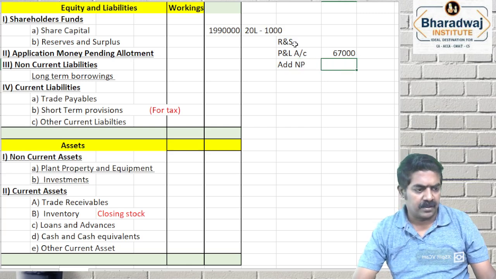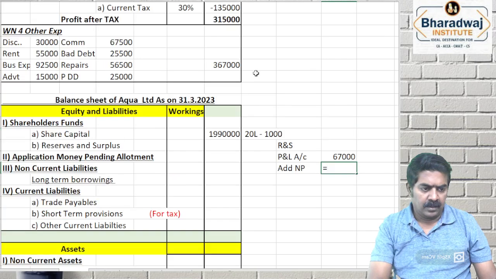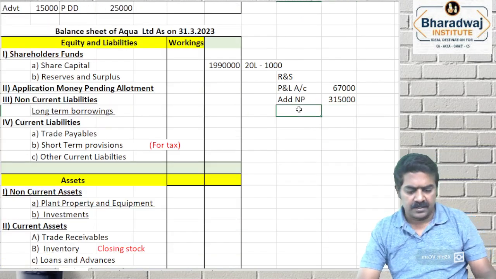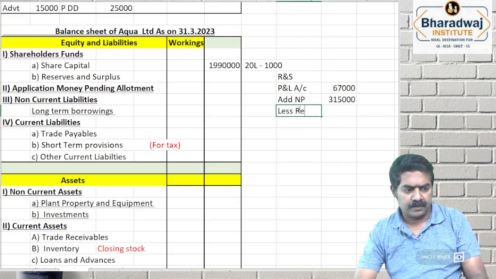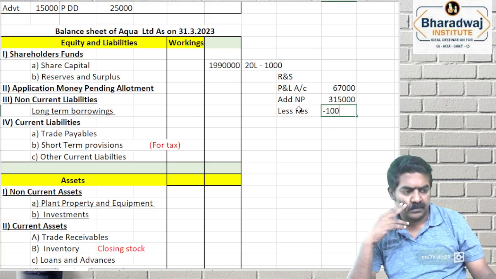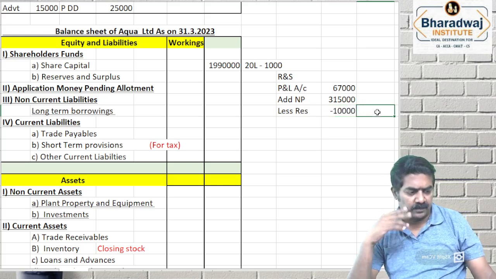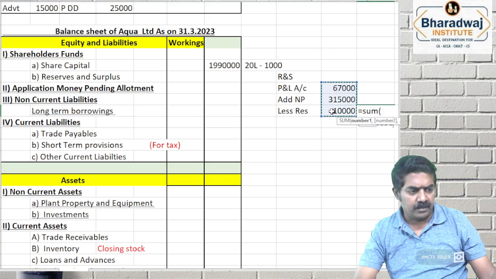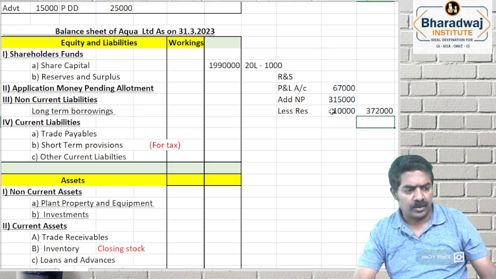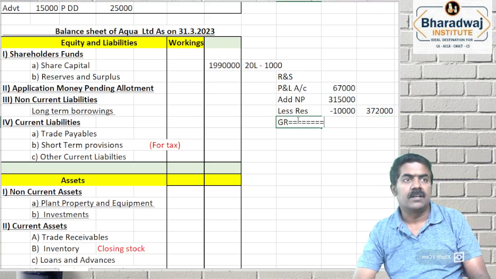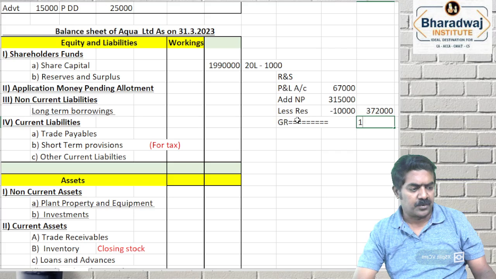What is the net profit? 3,15,000 less reserves. How much is transferred to reserve? So net amount will come. Any interim dividend given in the question? No. Then any general reserve given earlier? No. This transferred amount will come.